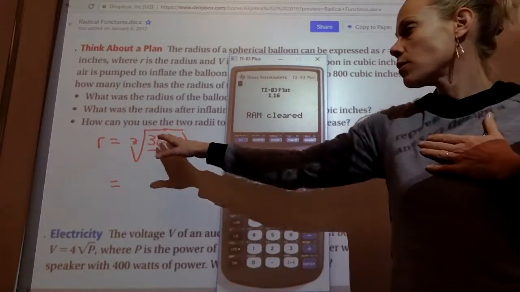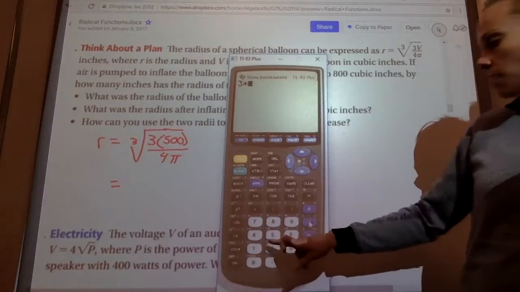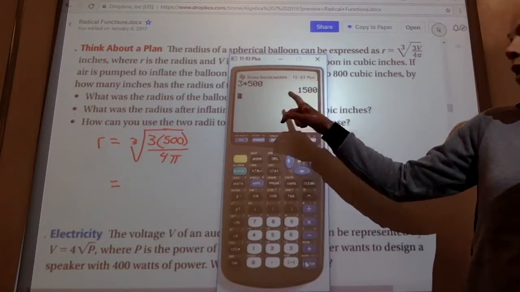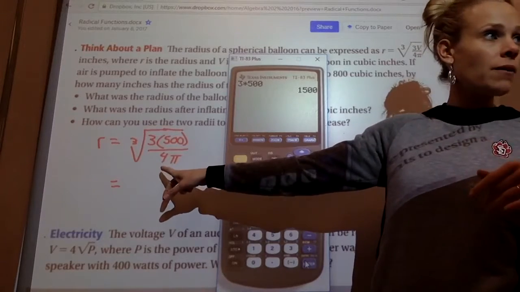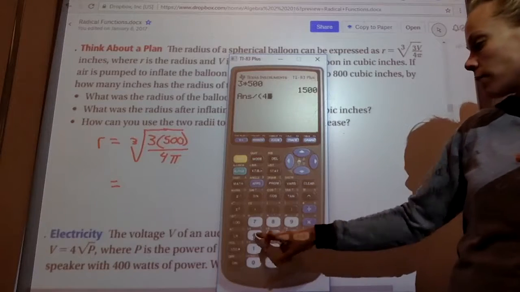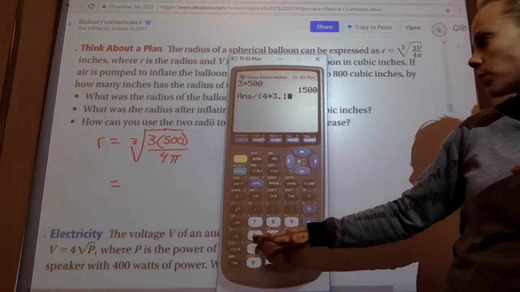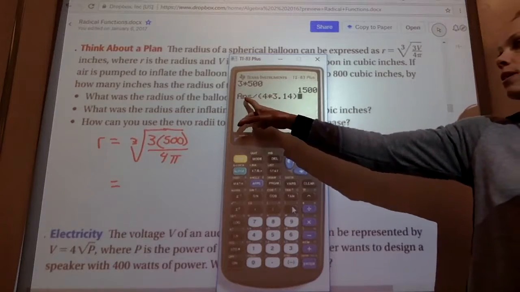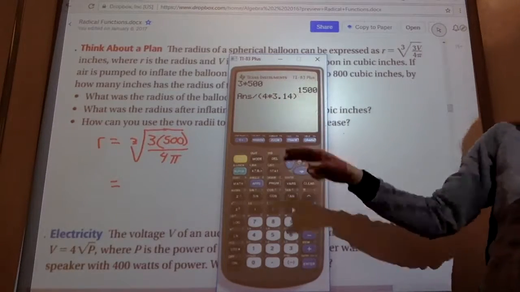So to do order of operations, I would go 3 times 500, right? And then I'm dividing by 4 pi, 4 times pi. So I'd go divide by parenthesis 4 times pi, and we can use 3.14, that's fine. But I have to have parentheses around that because I want it divided by that whole product.